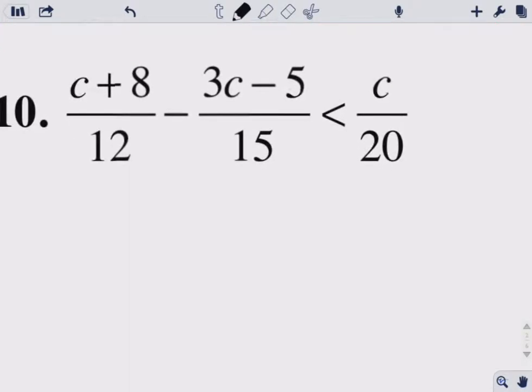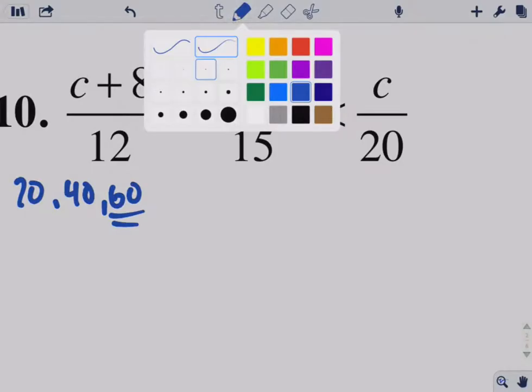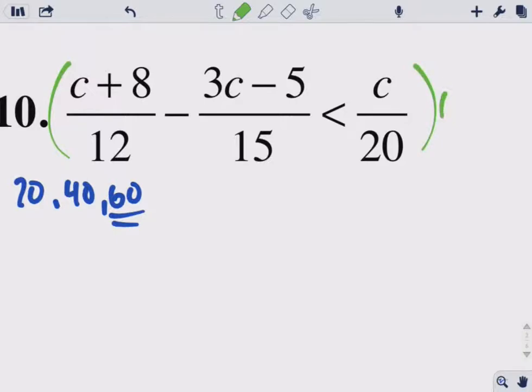Okay, 12, 15, and 20. Looking for multiples of 20 that 15 and 12 both go into. So 20, 40, 60. There's our answer, 60. So let's multiply everything by 60.